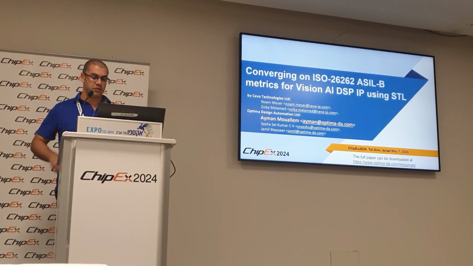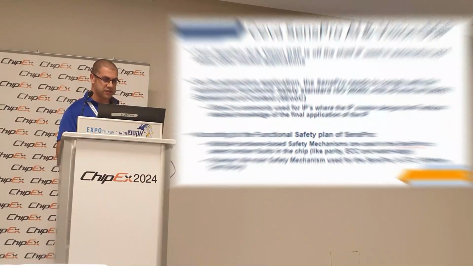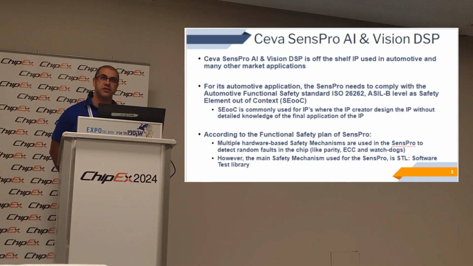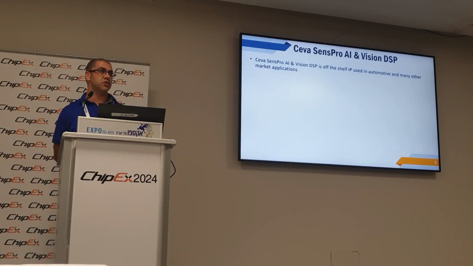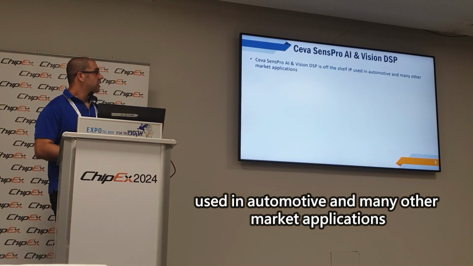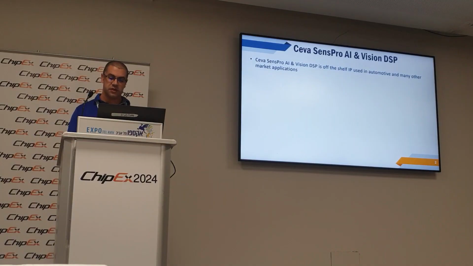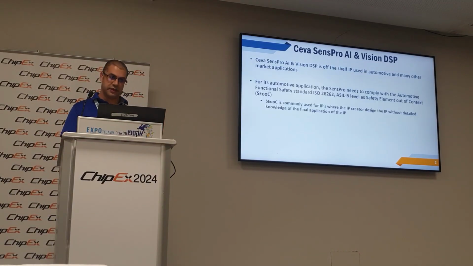In this scenario, we were talking about the Ceva SensPro AI and Vision DSP. This is an off-the-shelf IP provided by Ceva, which can be used for automotive purposes and also for other applications. In this project, we worked on the automotive version of it.